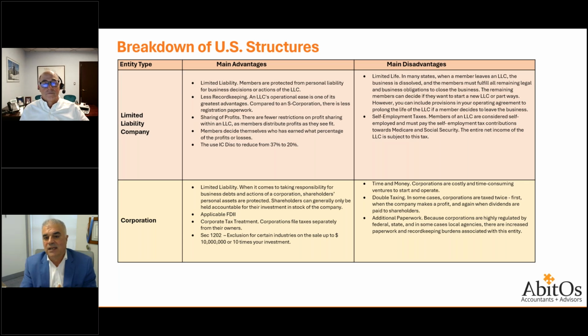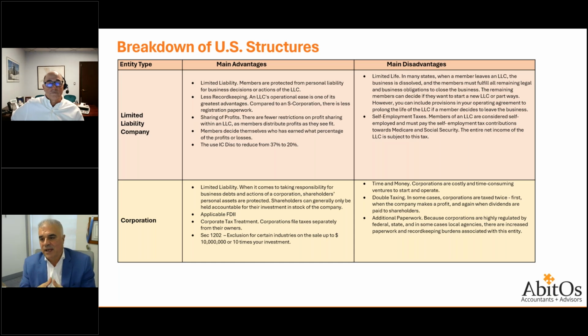So normally, a limited liability company is your best way to come into the United States because it also allows you to have partners that are non-residents, corporations, or trusts, and you could divide the profits, losses, as well as income, depending upon how you want to distribute that income to the partners.